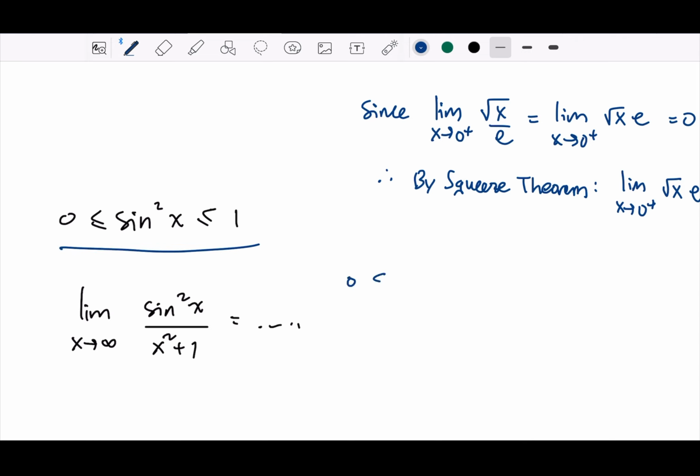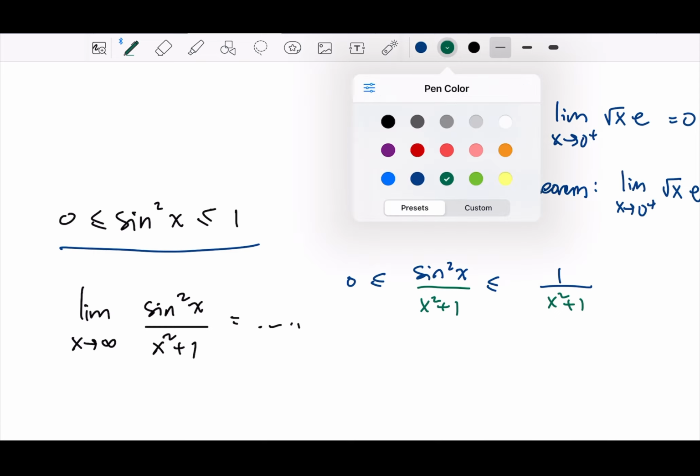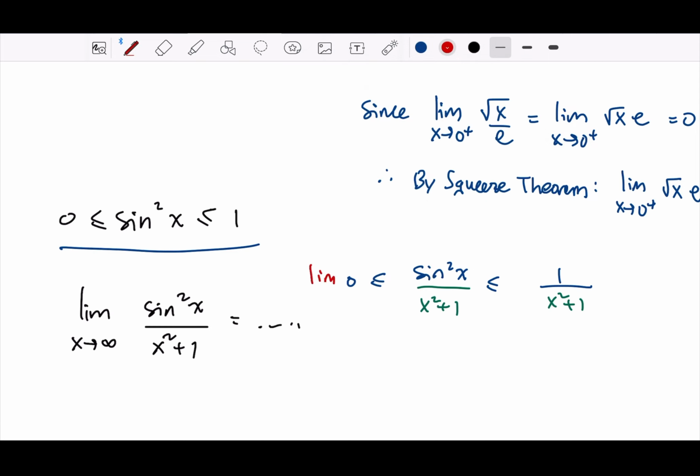So let me write, and let me multiply with 1 over x squared plus 1, and then 1 over x squared plus 1. And we are going to take the limit for all. So since 0 is just a number, it's constant.